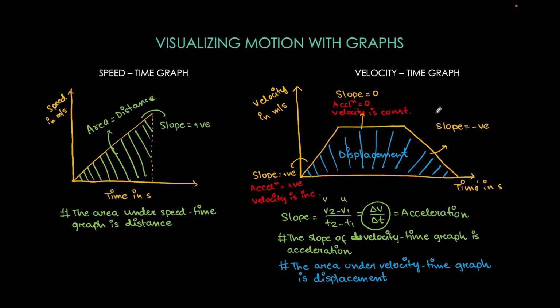If the slope is negative, meaning the acceleration is also negative and the velocity is decreasing, right? So all this we have studied earlier also, but this is how we can use all of these concepts while looking at a graph.